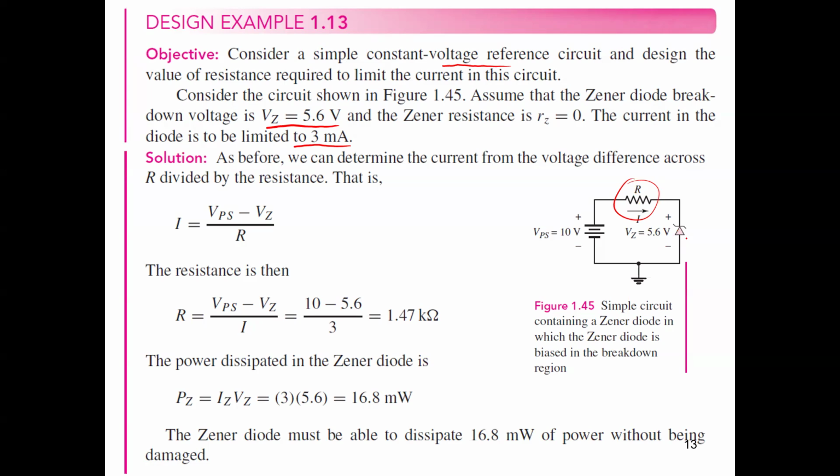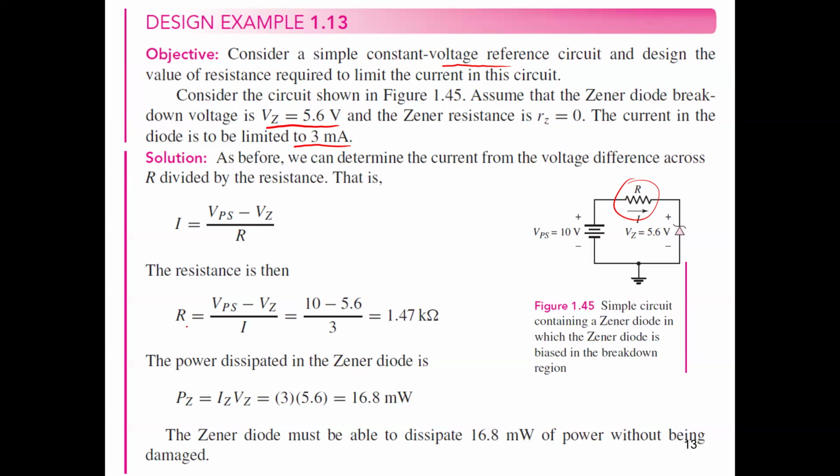Actually, circuit-wise, this is a very simple circuit. We have the diode voltage here, which is required to be 5.6. The supply voltage here is given as 10 volt. So we need the current to be limited to 3 milliamperes. Simply, we can say supply volt minus V Zener divided by current equals the value of the resistance. Just apply Kirchhoff's voltage law in this circuit.